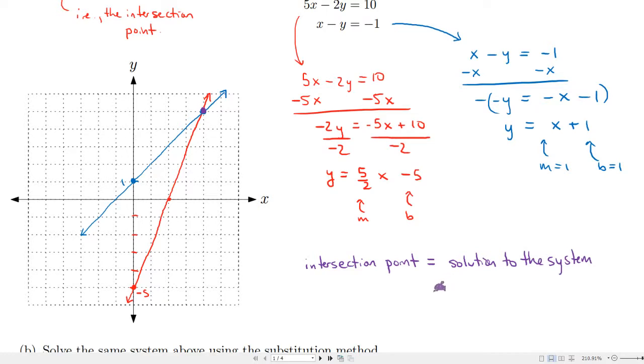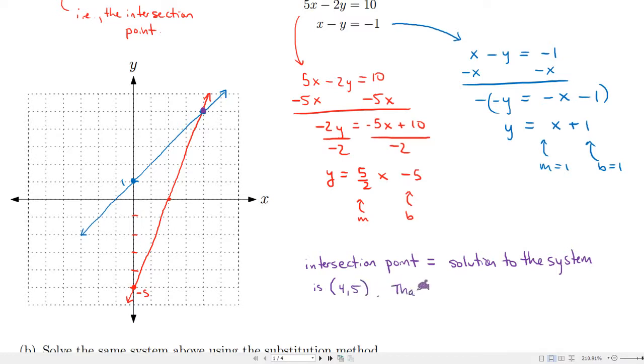And what is that? So the intersection point tells us, 1, 2, 3, 4, 1, 2, 3, 4, 5. So that would be 4, 5.